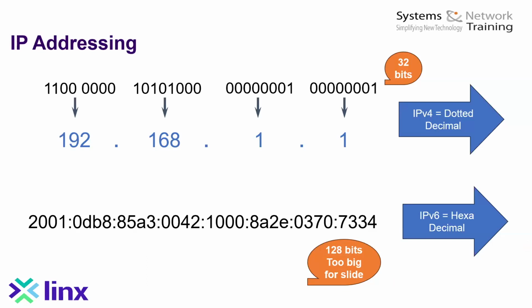Now, interesting for BGP, routers and BGP are not really interested in these specific addresses. They're only interested in part of these addresses, and the part they're interested in is called a prefix.